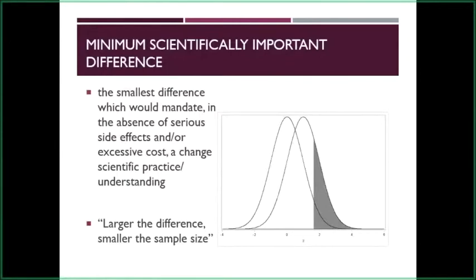But as these two curves get farther apart, so now my curve is centered at a 2-unit difference. Now it's centered at a 3-unit difference. You can see that those curves become more distinct, and it's going to be easier to tell them apart. And again, from a power standpoint, you can see very clearly how that shaded region under the alternative grows as the difference between the null and the alternative gets larger.